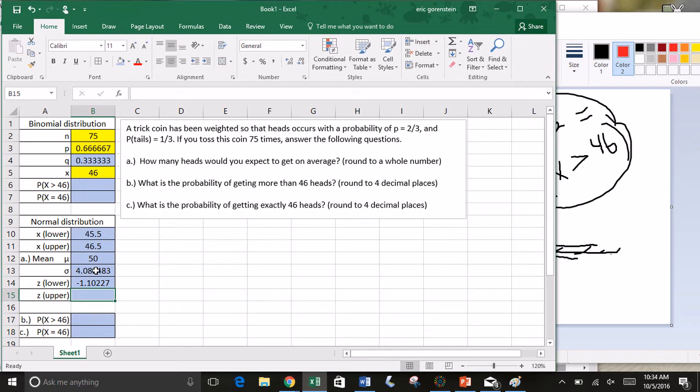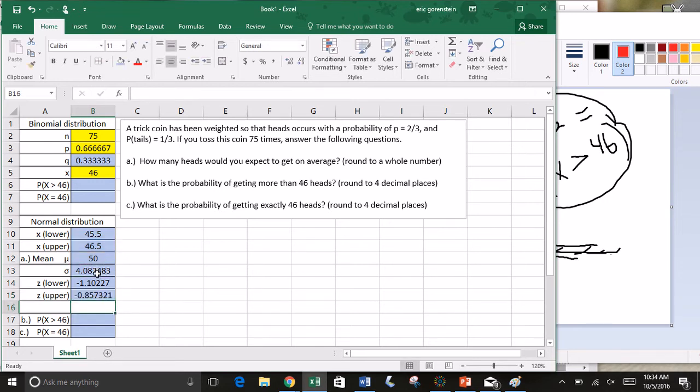So there's the z-score for the lower limit of 45.5, and we'll do equals parentheses this x value, 46.5, minus the mean, in parentheses, divide that by the standard deviation.